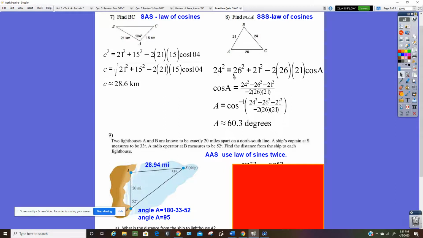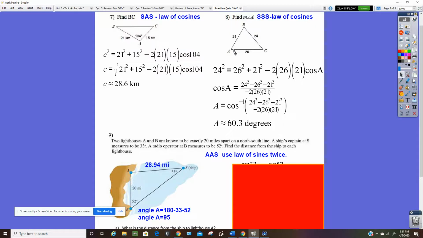So 24 squared equals 26 squared plus 21 squared minus 2 times 26 times 21 cosine of A. Or you can just look at the cosine formula as whatever angle you're trying to find, and the side opposite it is going to be on the left-hand side of the equation.